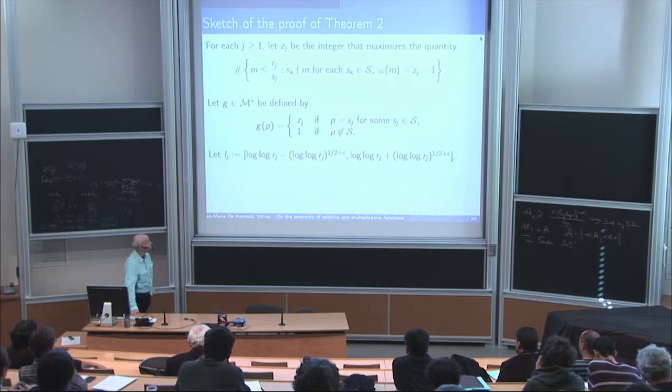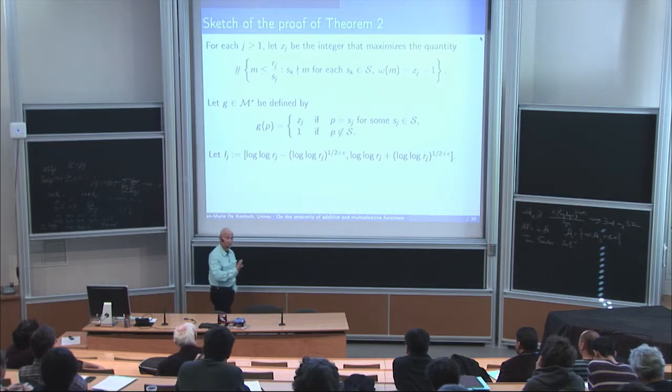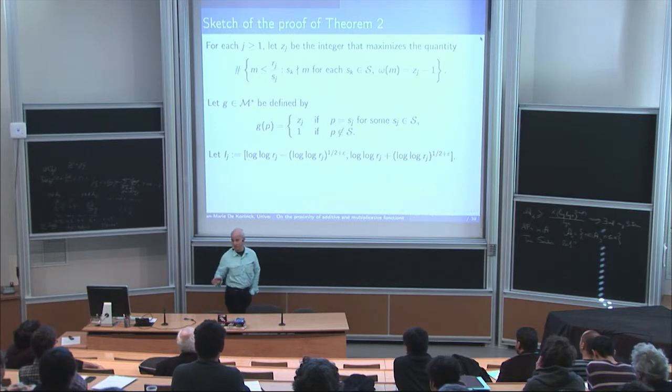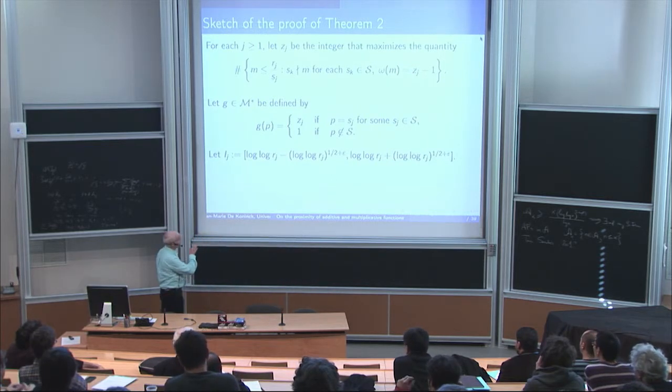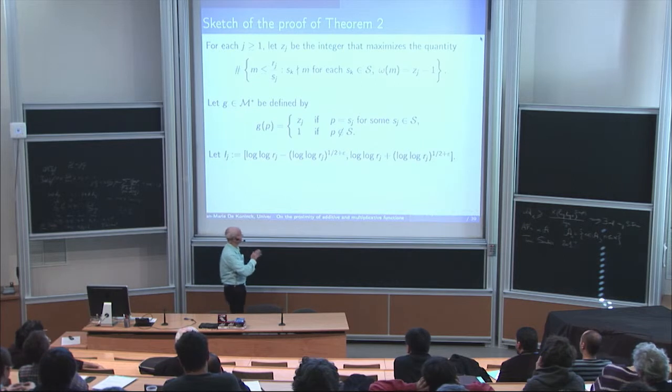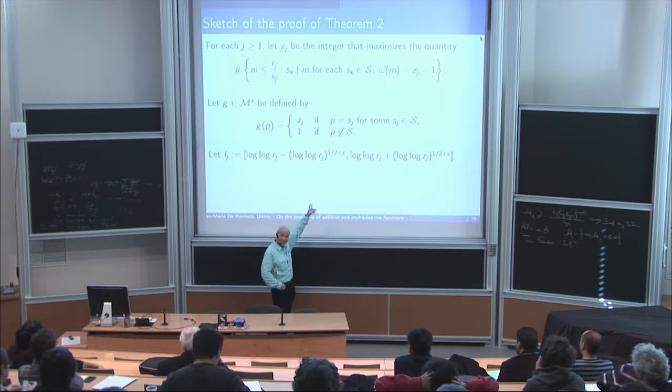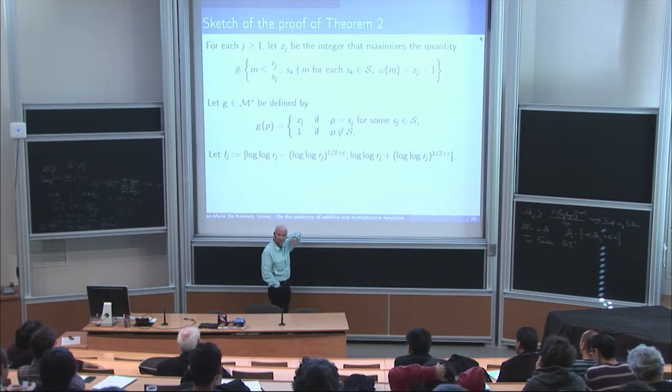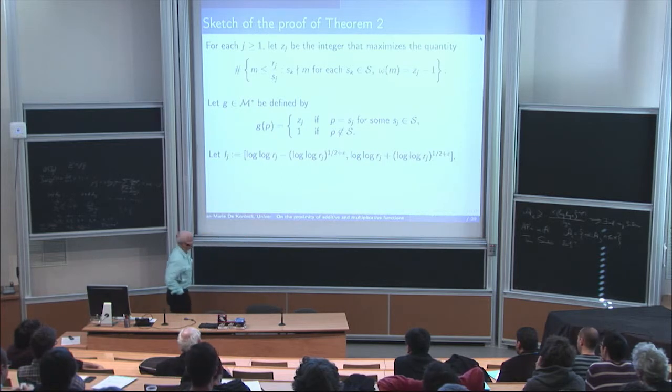Now I consider a different interval. Remember I had a fixed interval, L1, L2. Now it's not fixed, it varies with j. I need the full power if possible, so I take the optimal value, 1/2 plus epsilon, in the exponent.